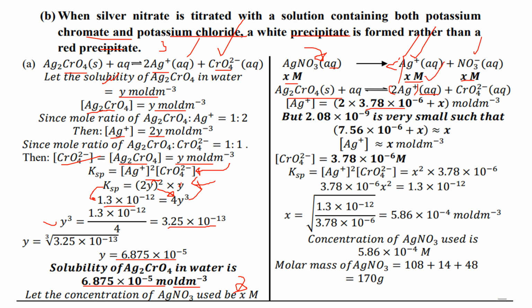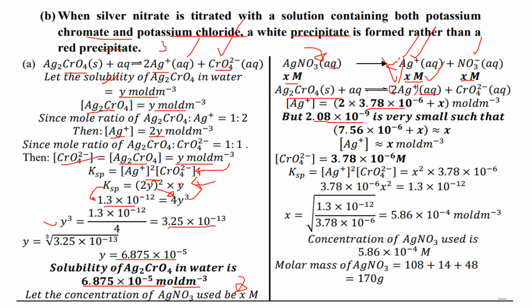But remember that I told you that here we only consider the concentration coming from the salt that ionizes fully. So we have to write an assumption that 2.08 exponential negative 9 is going to be very small as compared.